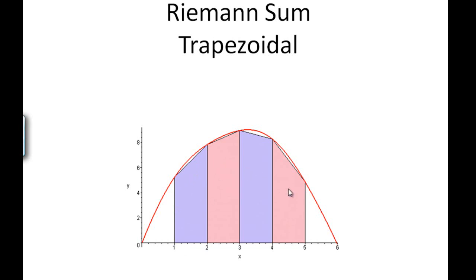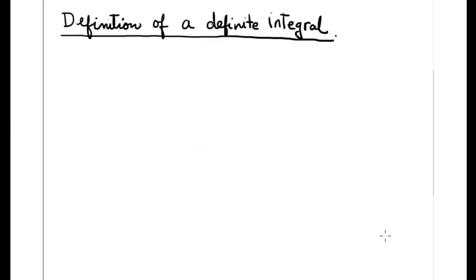It's much better, and the Riemann sum converges faster, not necessarily needing to increase the number of trapezoids a lot. Okay, the definition of the definite integral. There are many ways to define the integral. However, the most frequently used is the Riemann sum.